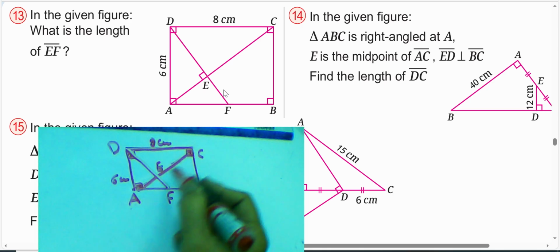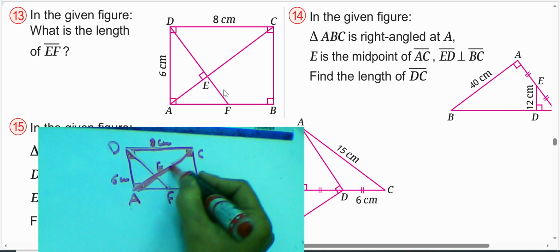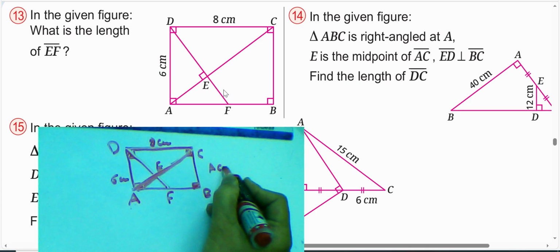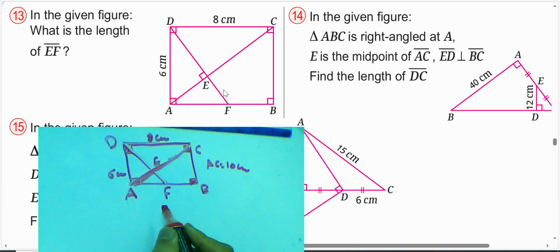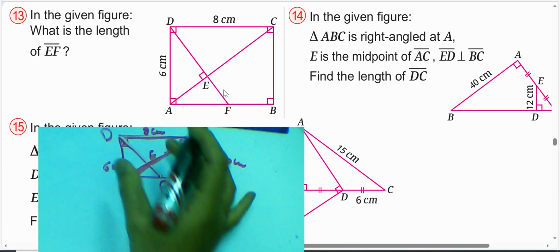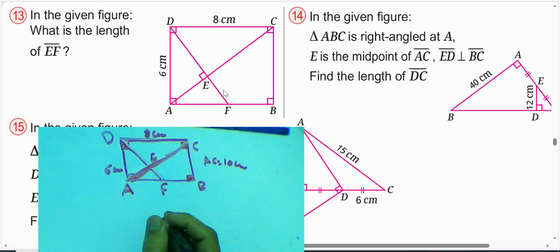We can find AC from Pythagoras. AC will be 10 centimeters from Pythagoras in a right angle triangle, and then we want to find EF.